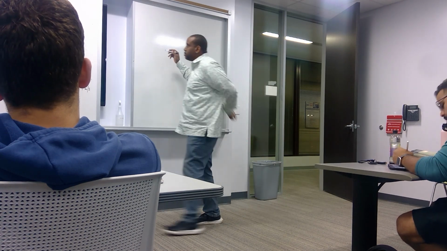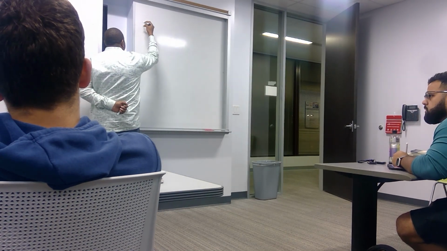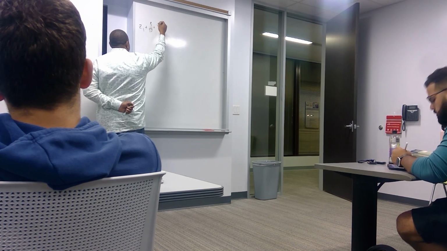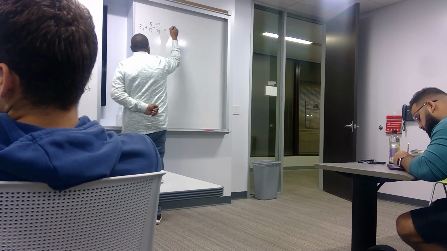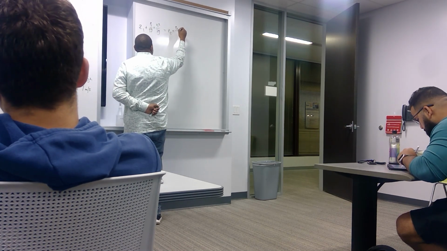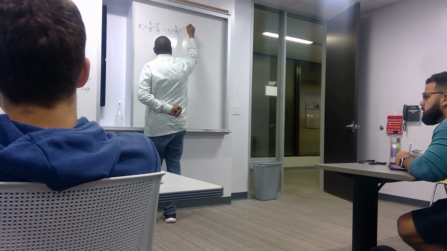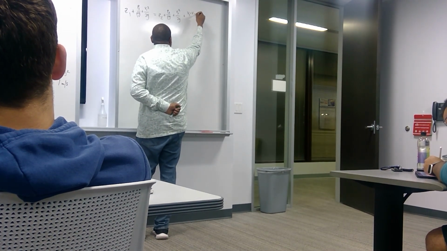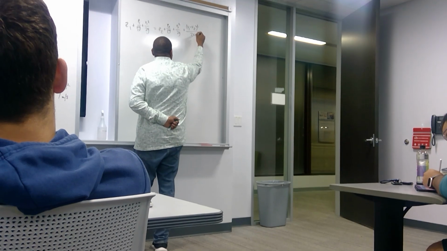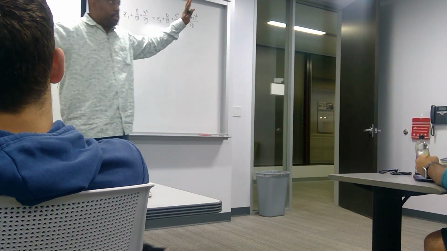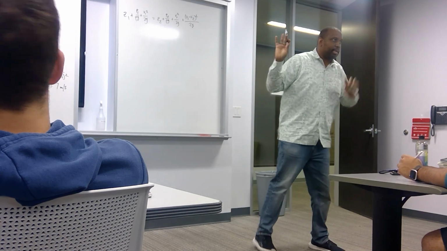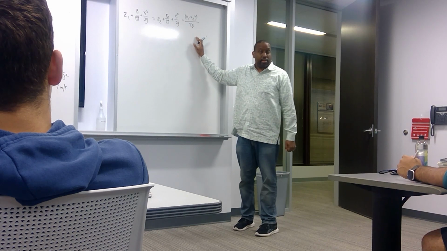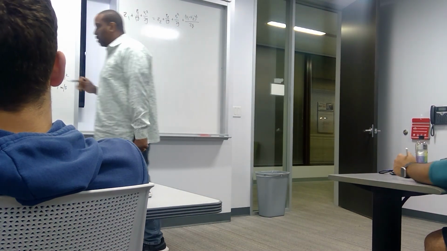P1 over gamma, let's start from Z1, Z1 plus P1 over gamma plus V1 squared on 2g equals Z2 plus P2 over gamma plus V2 squared on 2g, plus the losses, the head loss, because we have a loss. Are you with me? Anybody confused by that? So what can we start eliminating from this now?